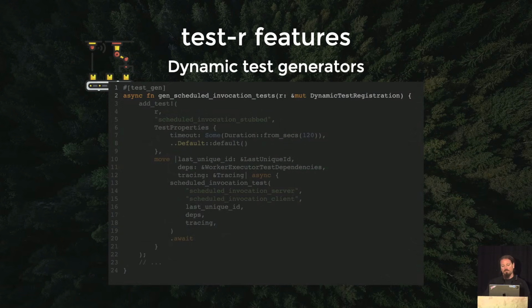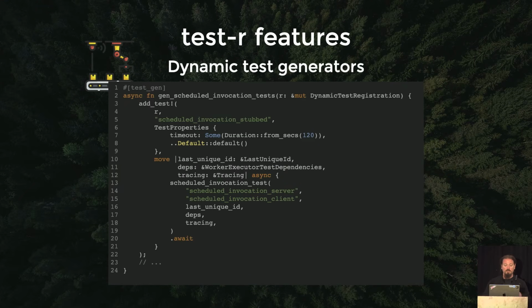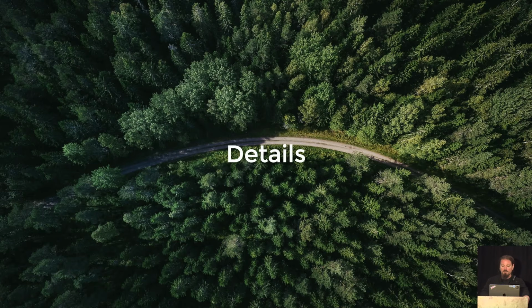But you can create these functions annotated with testgen by making them a dynamic test generator, and then just use this add test macro or its underlying constructs to give a test a name, some properties, which supports everything that is available through test attributes. It also supports the dependency injection part, and then this way you can generate test suites dynamically.